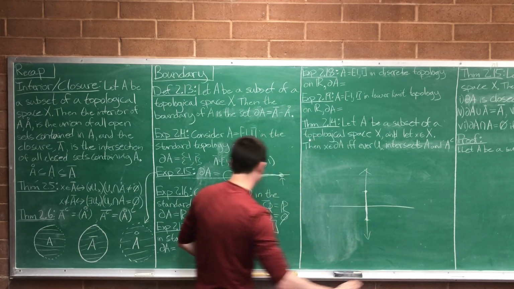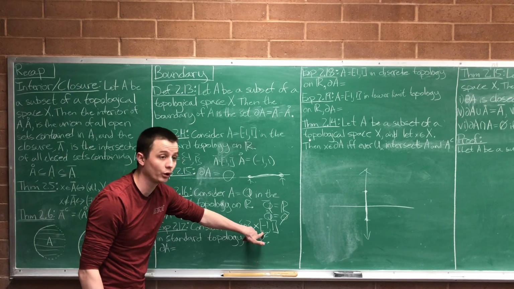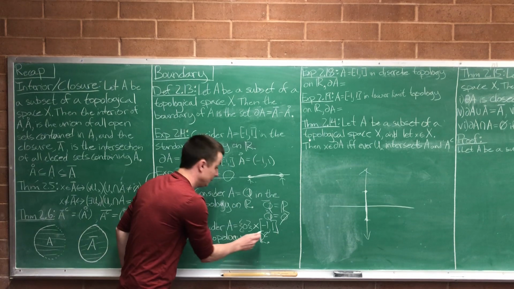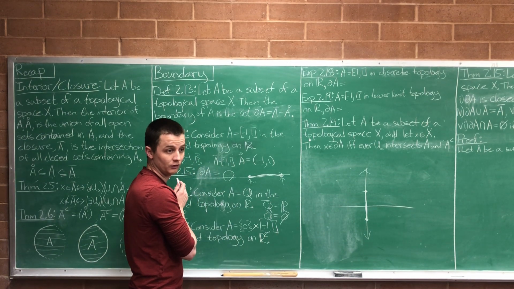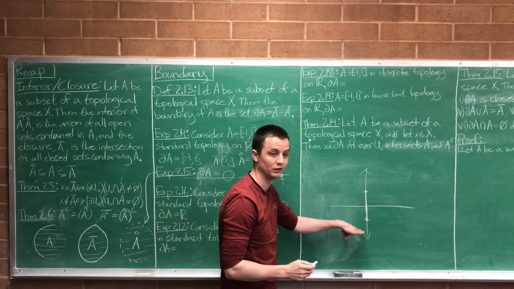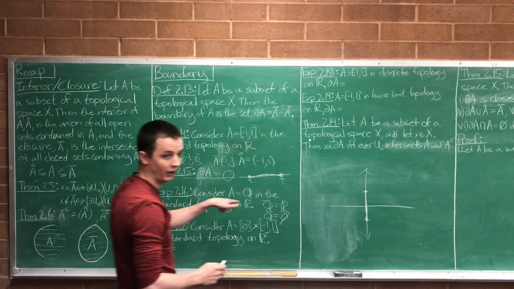Remember, this is a Cartesian product. We're talking about the set of ordered pairs where the left-hand element comes from this set and the right-hand element comes from this set. And so the graph of that is going to be these points. Anyone confused by that? Okay.